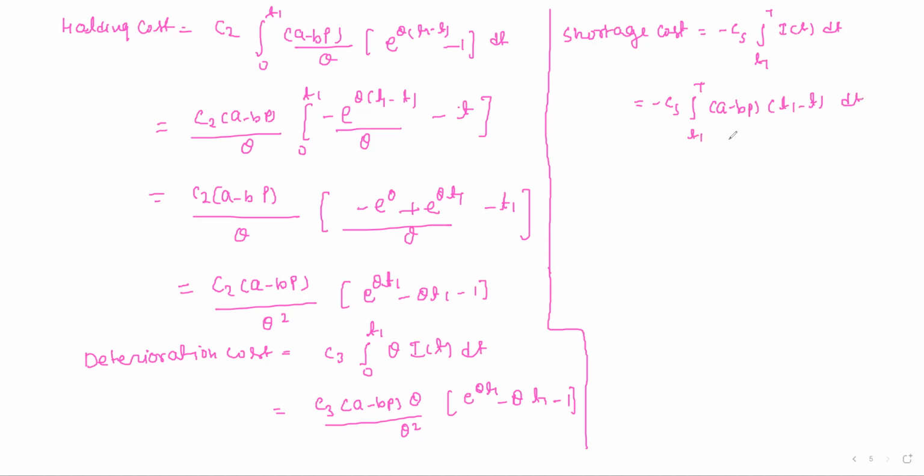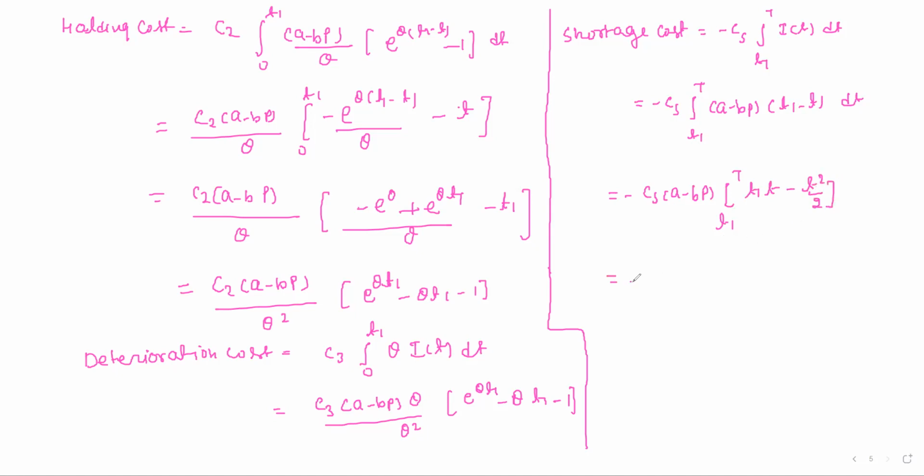So we can easily solve it. Minus Cs (a minus bp) from t1 to T, it will come t1 t minus t square by 2.